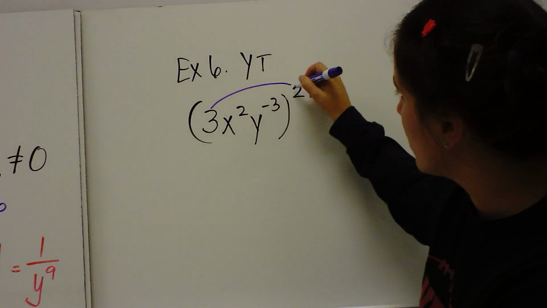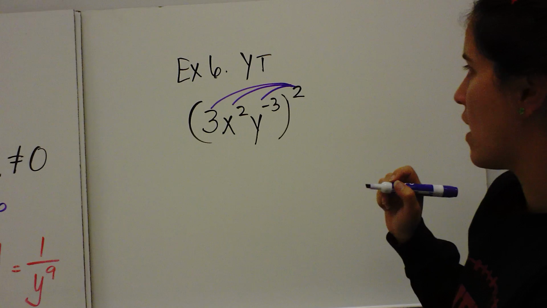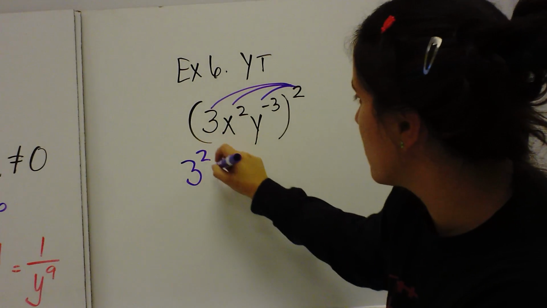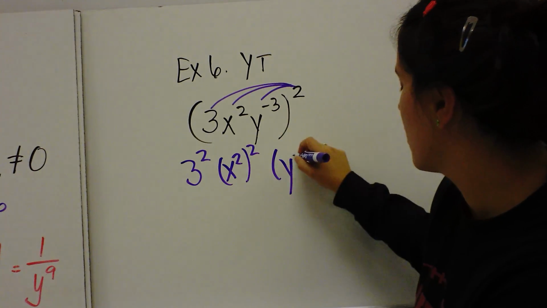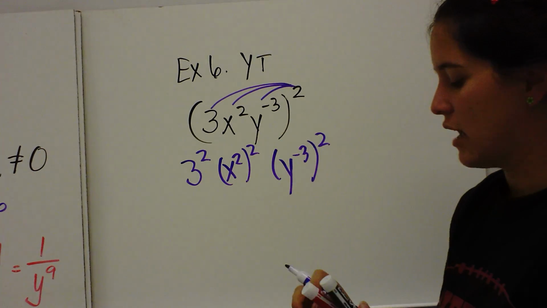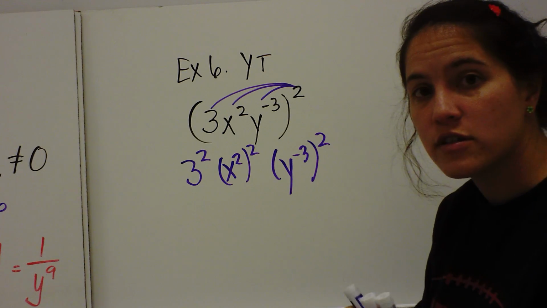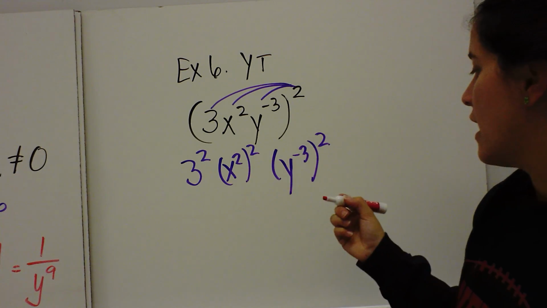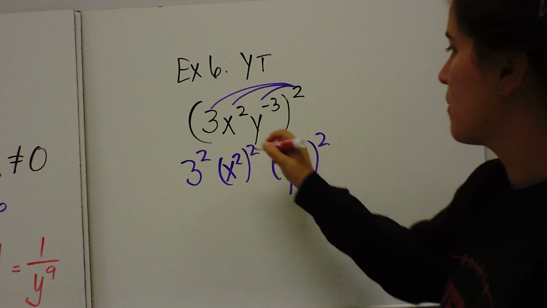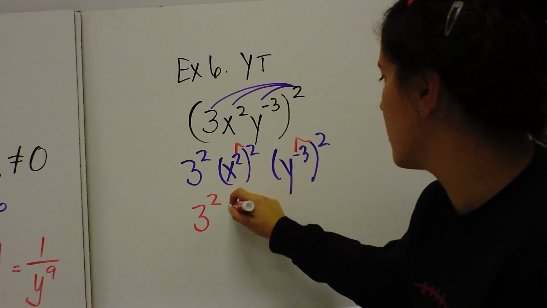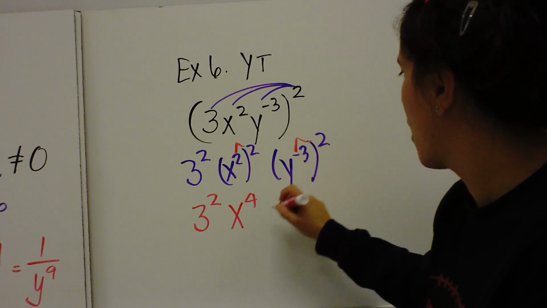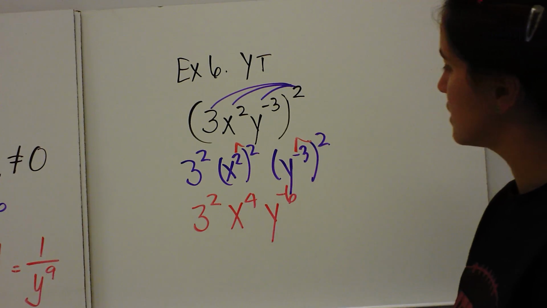So I'm going to bring it to the 3, to the x, and to the y. So 3 squared, x squared, y to the negative 3 squared. That should have been your first move. And now, I'm going to multiply: 3 squared, x to the 4th, y to the negative 6.